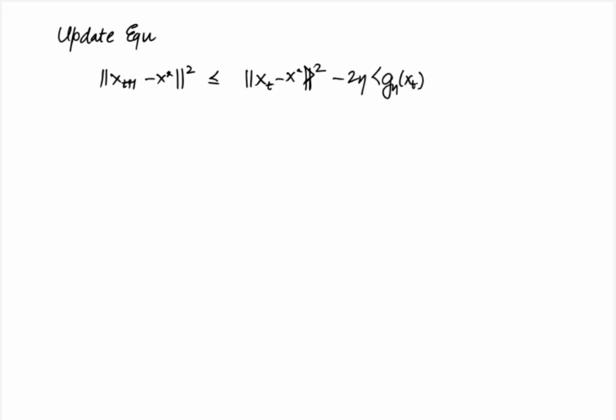Next we use the update equation as usual by taking the norm squared and expanding as: norm squared of x_{t+1} minus x star less than or equal to norm squared of x_t minus x star, minus 2 eta times the inner product of G_eta of x_t, x_t minus x star, plus eta squared norm squared of G_eta of x_t.